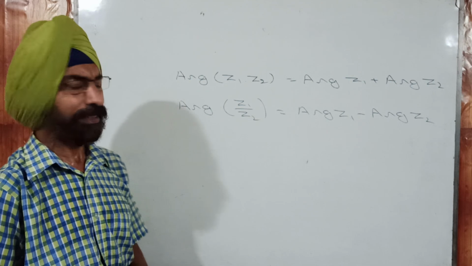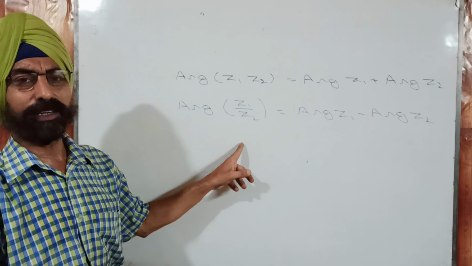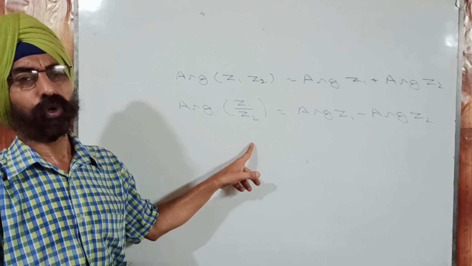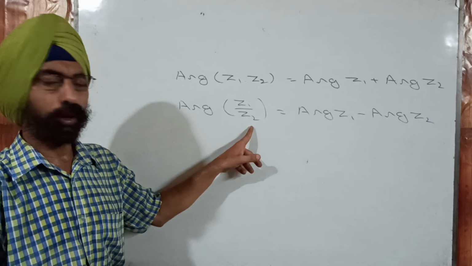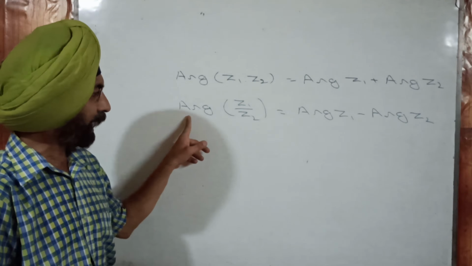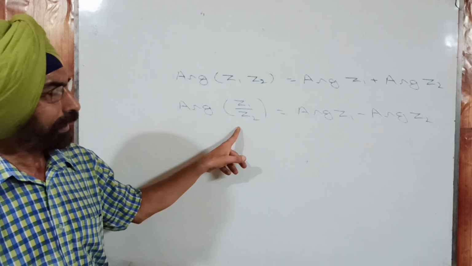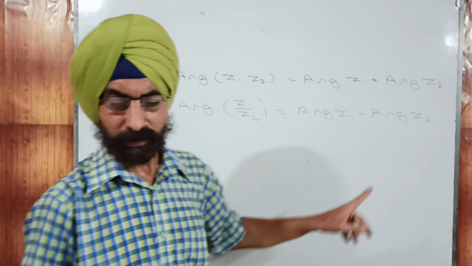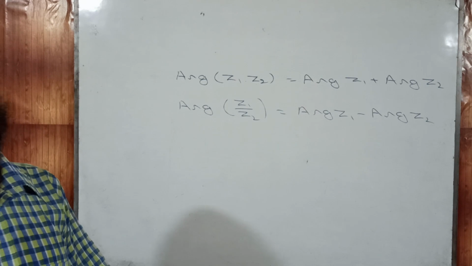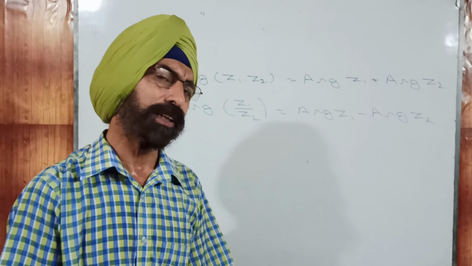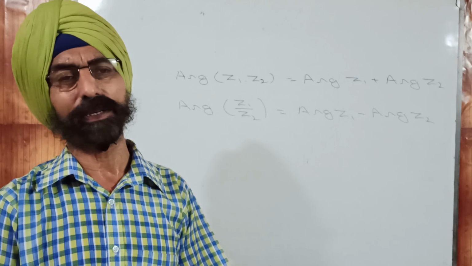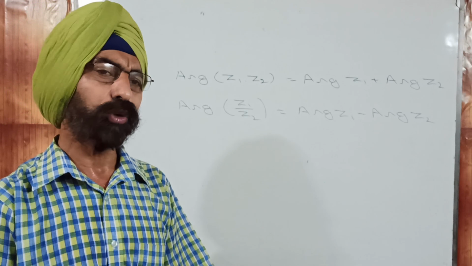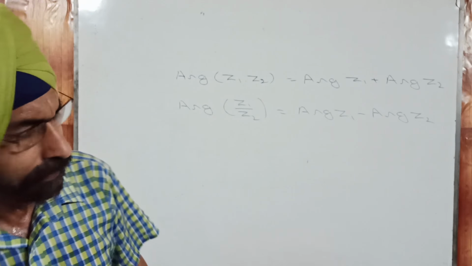One thing is clear, that we are talking about z1 upon z2, so z2 must be a non-zero complex number. So for a non-zero complex number z2, argument of z1 upon z2 is equal to argument of z1 minus argument of z2. We have already mentioned the properties of mod of z in our previous lecture, and now we have seen two important properties of argument of a complex number.